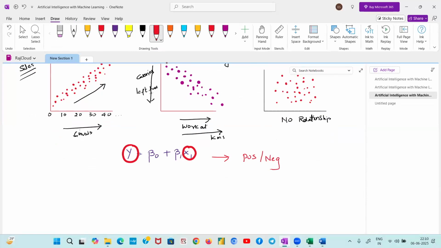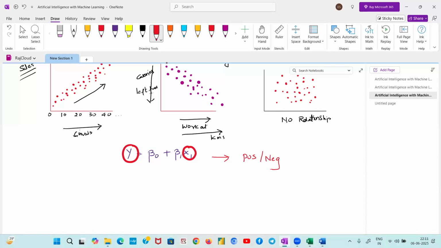Only then are those variables really helpful for machine learning model development. So between X and Y, I want either positive or negative, not no relationship. The scatter plot is one of the graphs that helps me identify the best suitable variables.